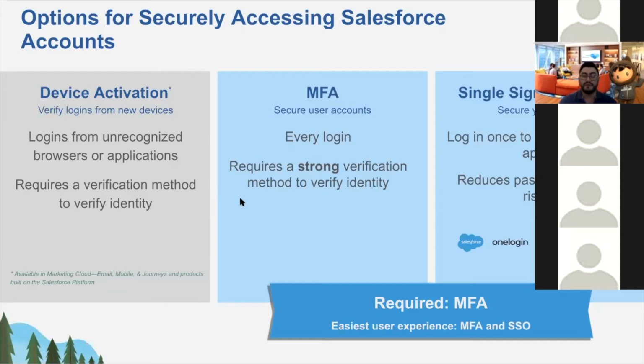For MFA, on the other hand, users must supply a strong verification method every time they log in. Email and SMS text messages are not allowed for MFA logins because of their inherent susceptibility to attack by bad actors. So these options are not available.